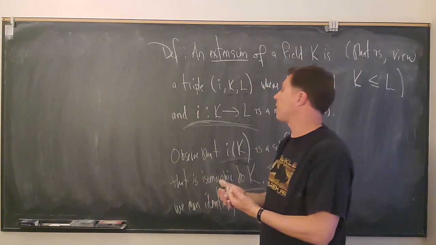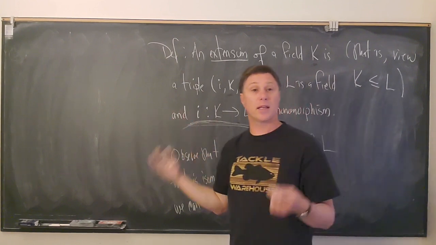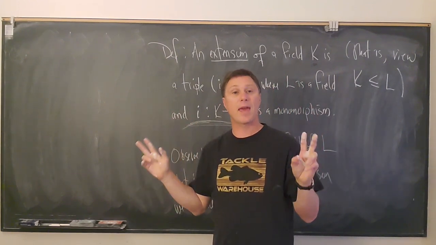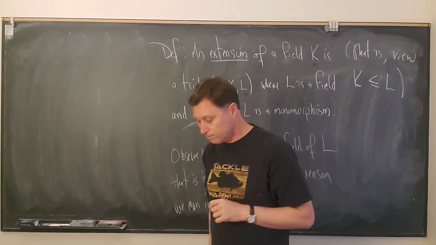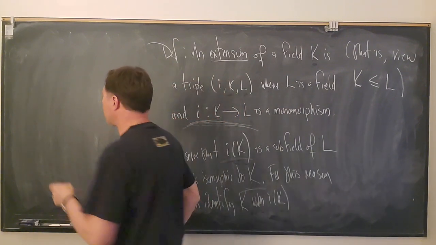We just know that there's an isomorphic copy of K sitting inside L, and so we'll think of K as a subfield of L. And the notation goes like this.